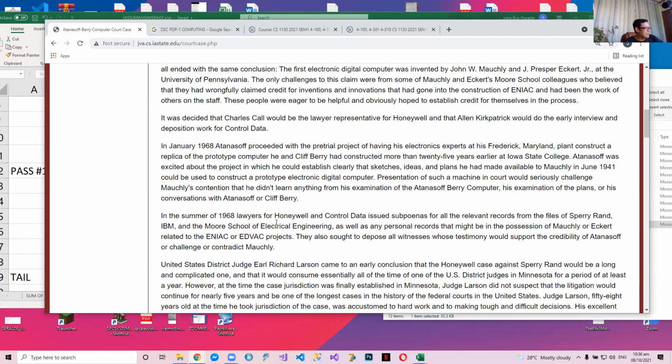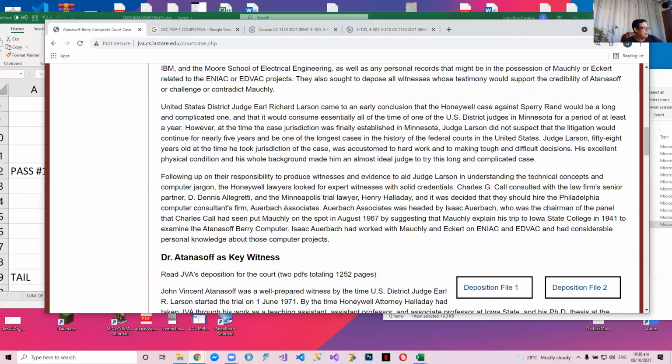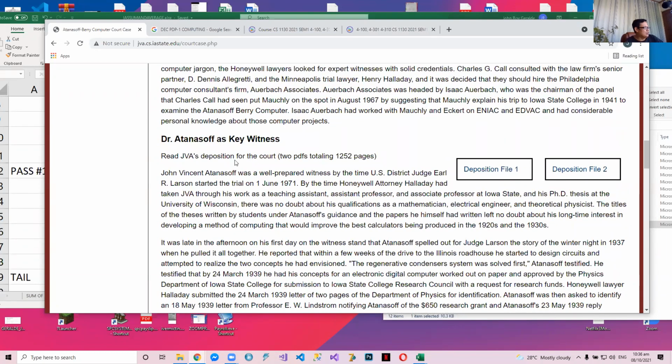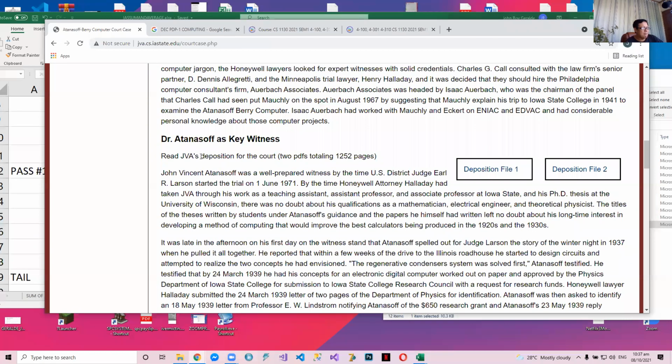So in 1968, the lawyers of Honeywell, speaking on behalf of Vincent Atanasoff, issued subpoenas for the relevant files of Sperry Rand, IBM, and the Moore School of Engineering regarding the design and production of the ENIAC and EDVAC projects. Dr. John Vincent Atanasoff was called by the court to testify, because their claim was that Eckert and Mauchly did not invent the digital computer.